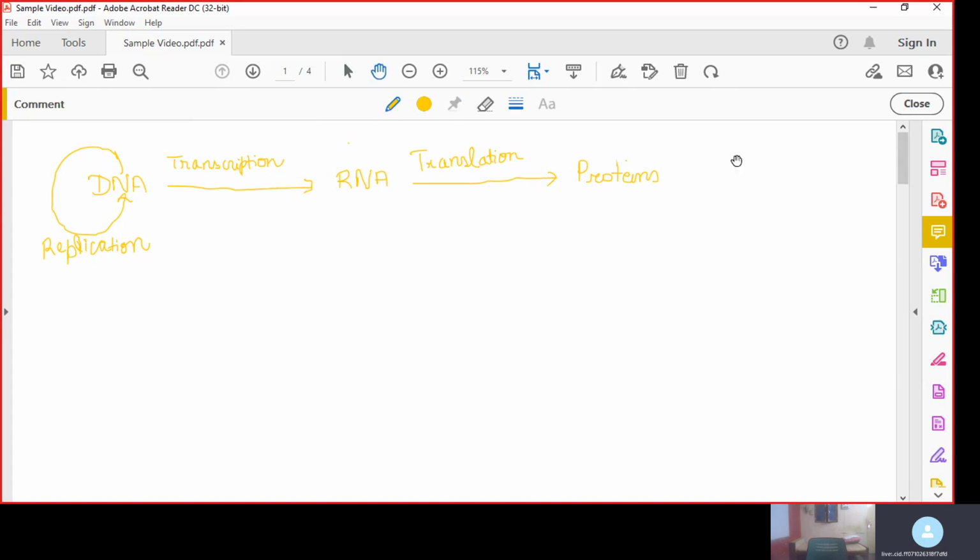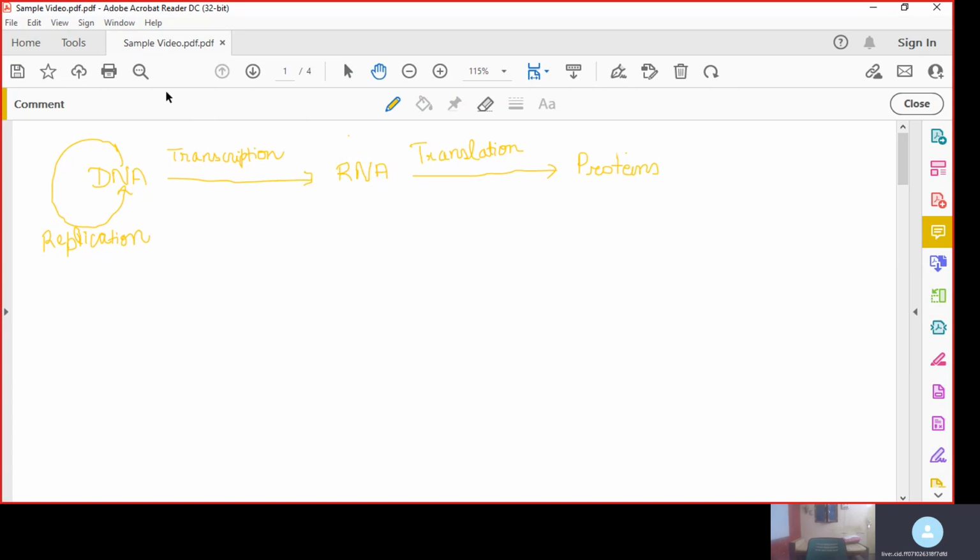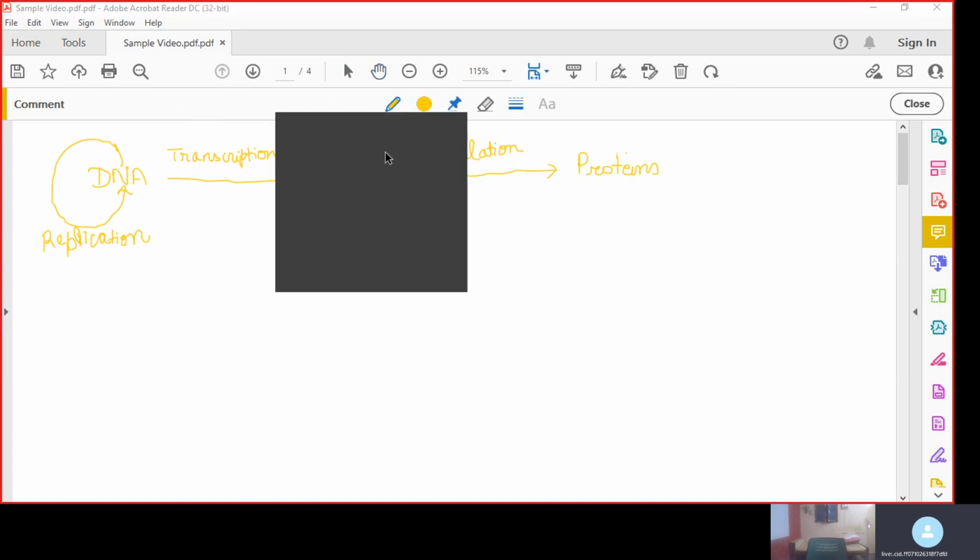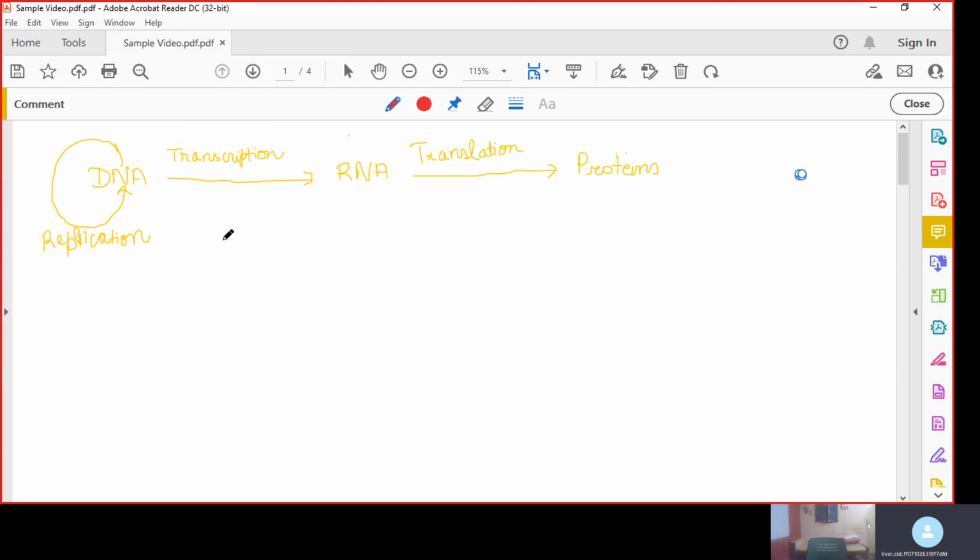Further, I told you that we will study the stages of the cell cycle in which this DNA replication occurs. As we know, there are a few cell cycle stages, namely the G1 phase, the S phase, the G2 phase, and then the M phase.